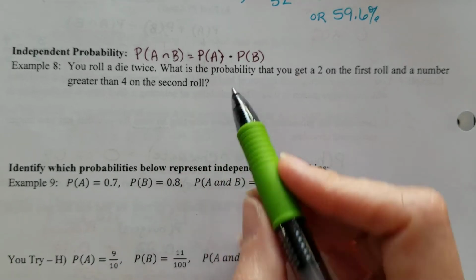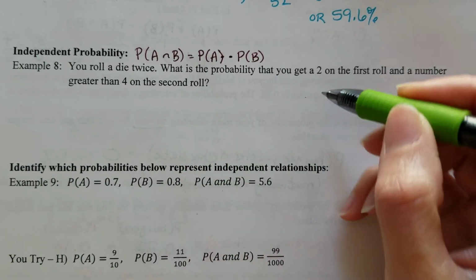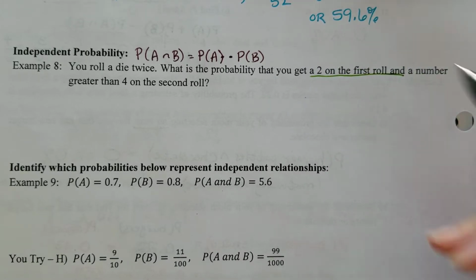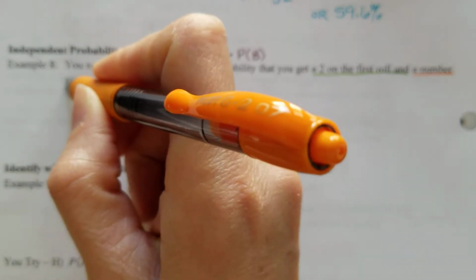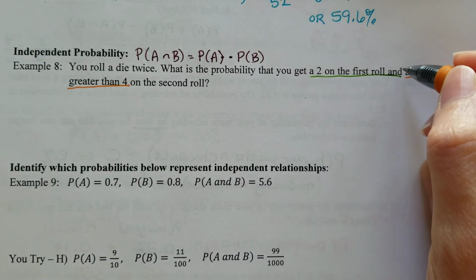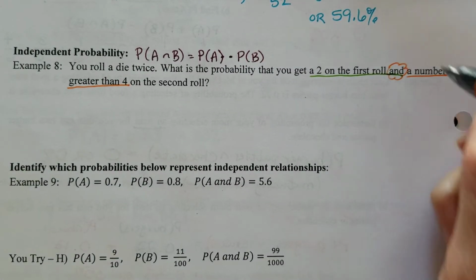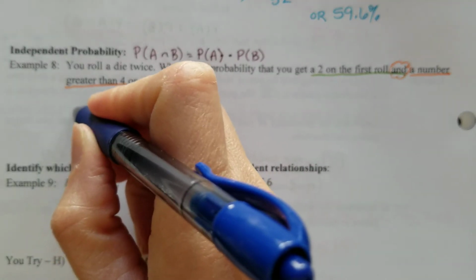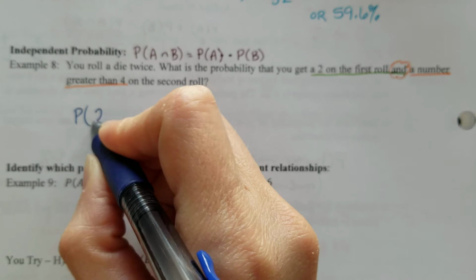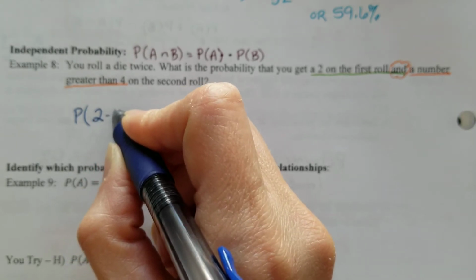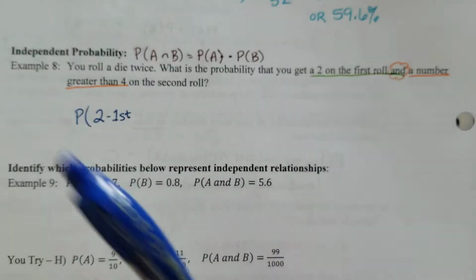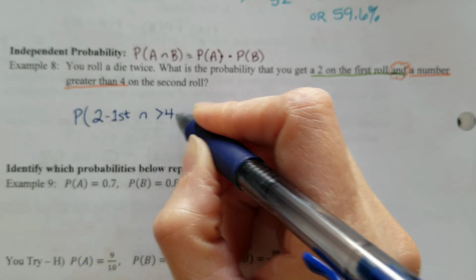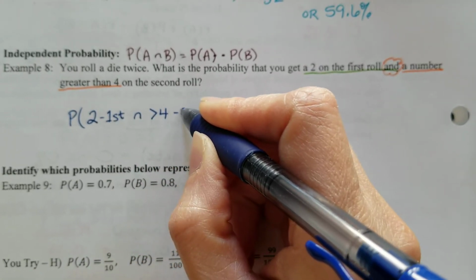So the question is, what is the probability that you get a 2 on the first roll and then a number greater than 4 on the second roll? And it has an "and" here, so we want to make sure we're setting it up that way. So we want to find the probability of 2 on the first roll and greater than 4 on the second roll.